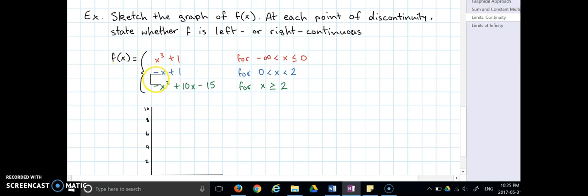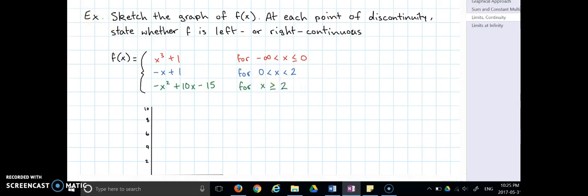F of x is equal to negative x plus 1 for when x is larger than 0 but smaller than 2. And f of x is equal to negative x squared plus 10x minus 15 for when x is larger than or equal to 2.